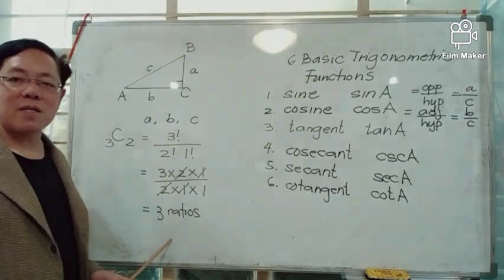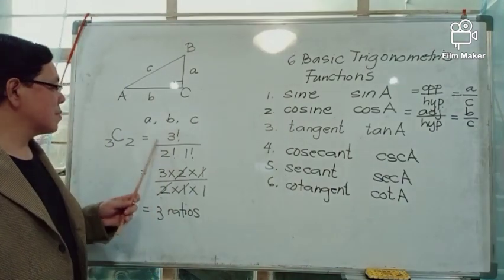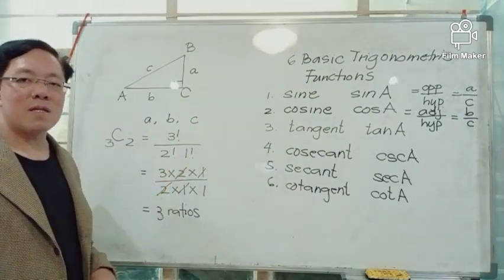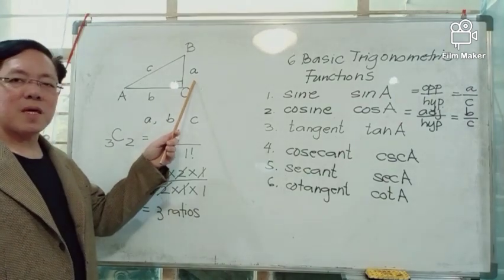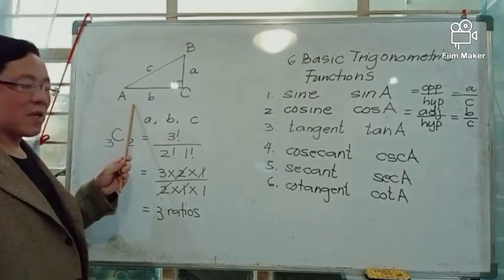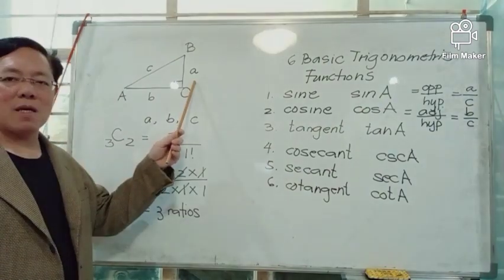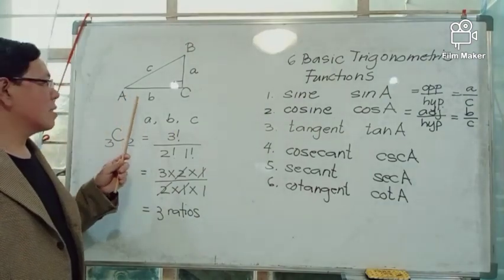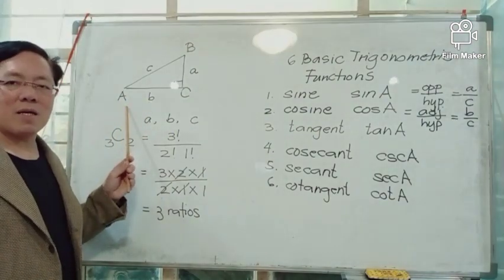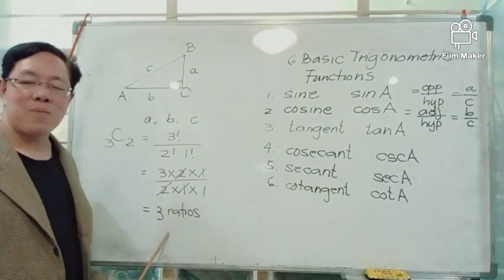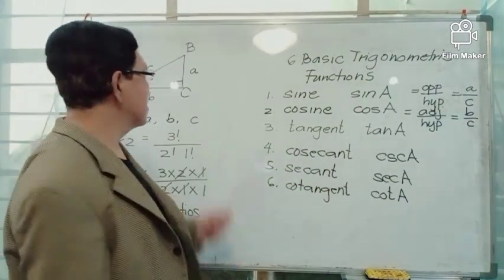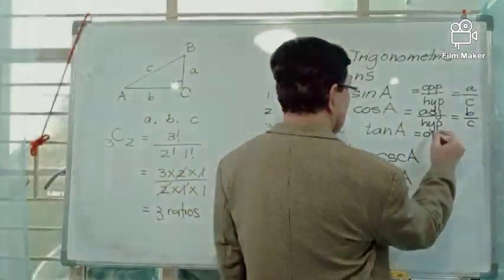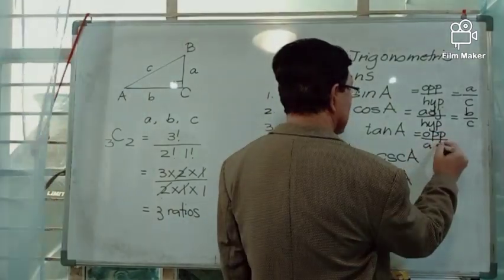And the last of the 3 ratios that can be formed by taking any 2 sides from the 3 sides of a right triangle is the ratio of small a with reference to angle A. Small a is the opposite side, and small b with reference to angle A. Small b is the side adjacent to angle A. So the third and last of these 3 ratios is the ratio of the opposite to the adjacent side.